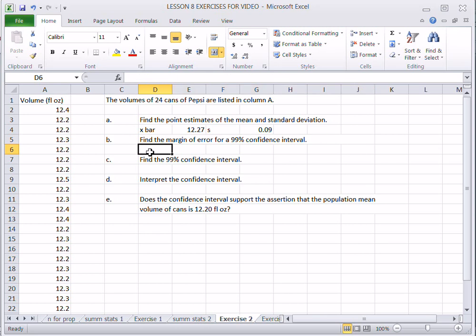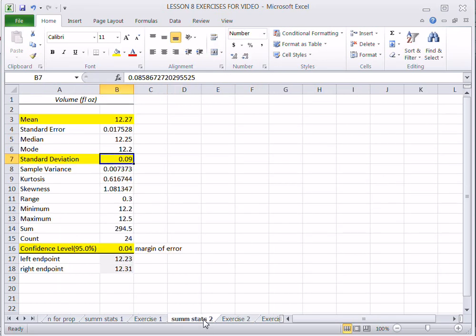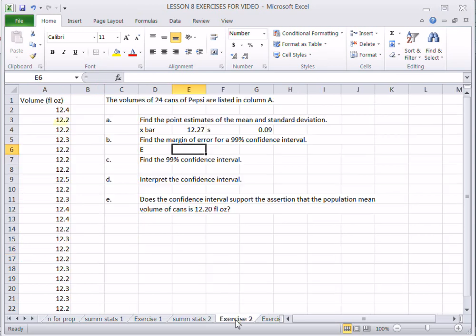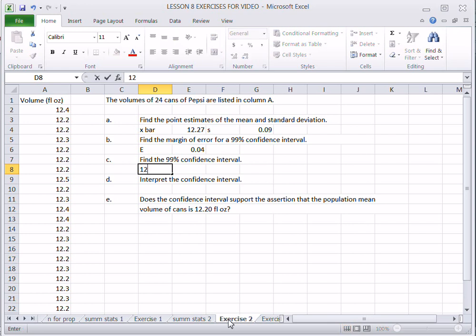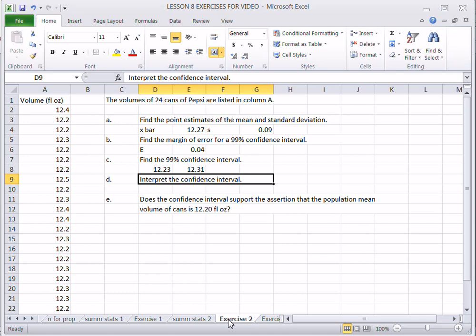Our margin of error, E, is 0.04. And our confidence interval is 12.23 to 12.31. All right, and this is in fluid ounces.